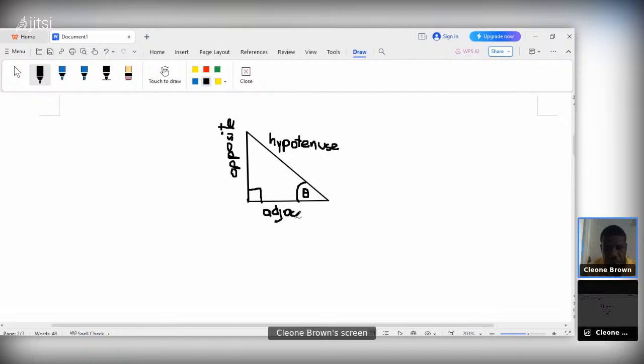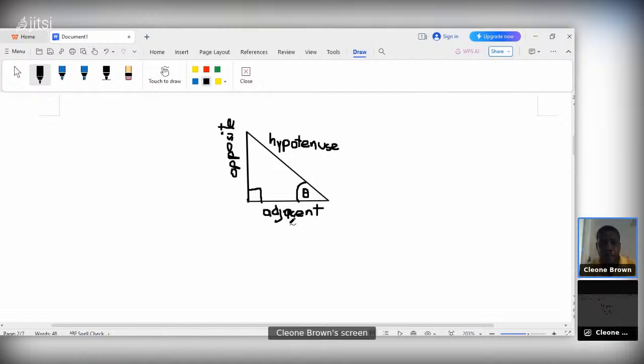It has a 90-degree angle specifically and another angle on either side. So it's called the adjacent side. To be specific, the line that joins the reference angle, the angle we're using, and the 90-degree angle is called the adjacent side.